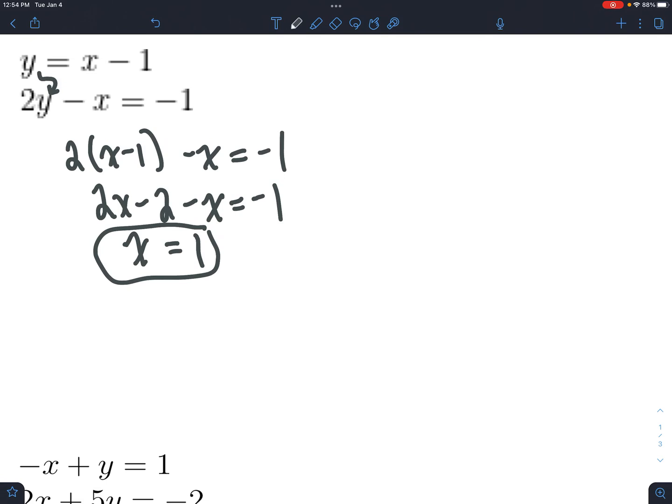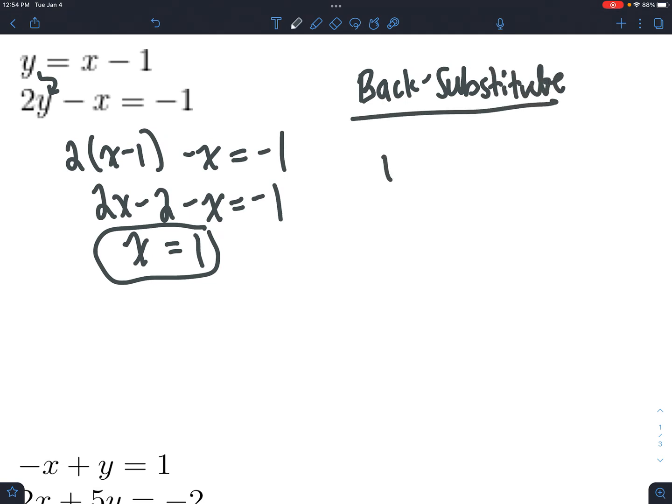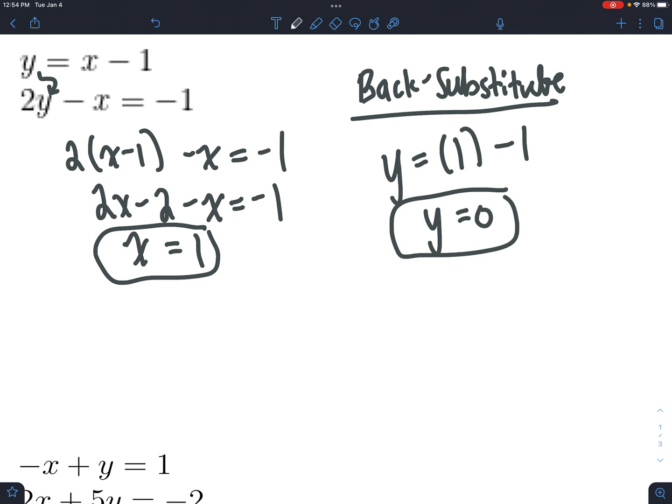And then all I have to do is back substitute. So I'm going to use the first equation, plug in 1. So it looks like y is 0.